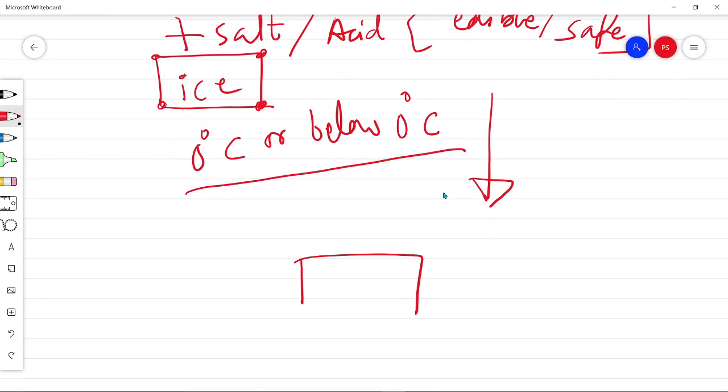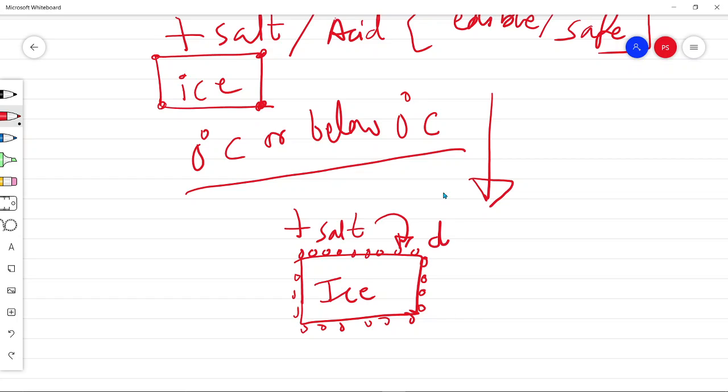Now, whenever we consider ice, actually a small amount of water molecules are always present on its surface, and when we add some salt to it, the salt gets dissolved in this water.